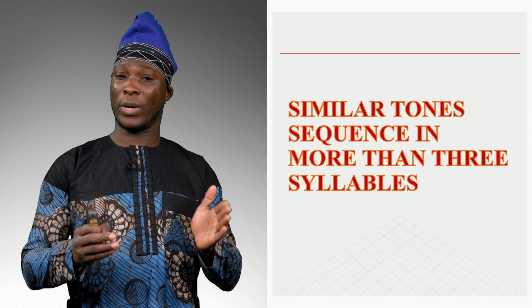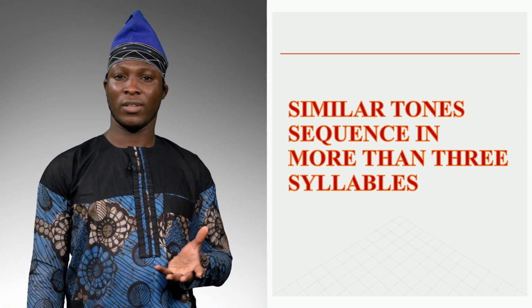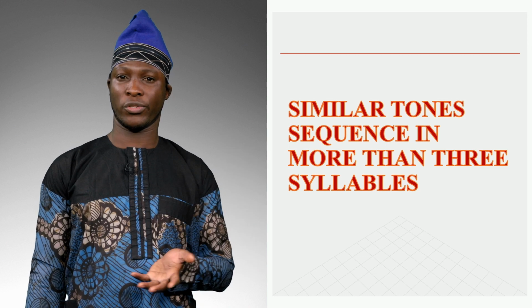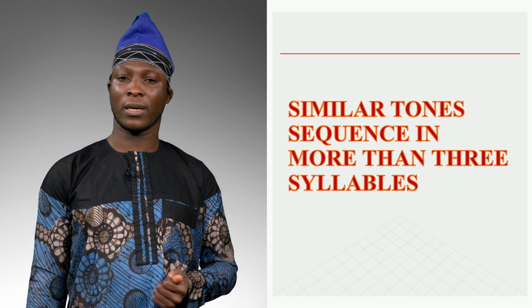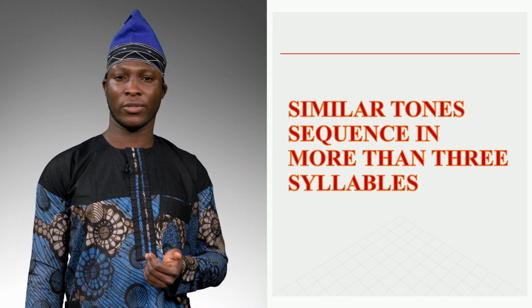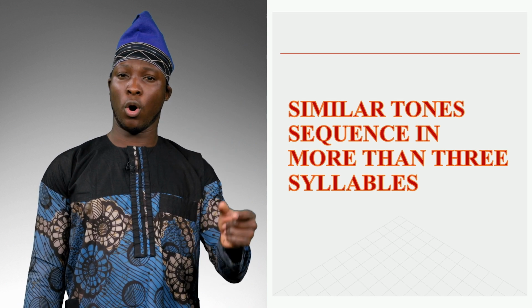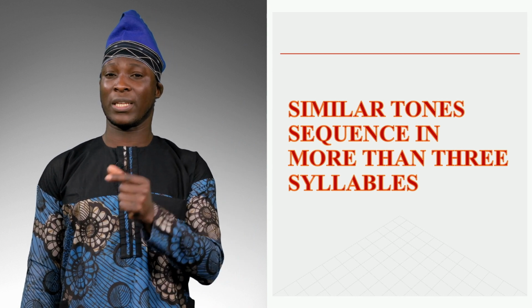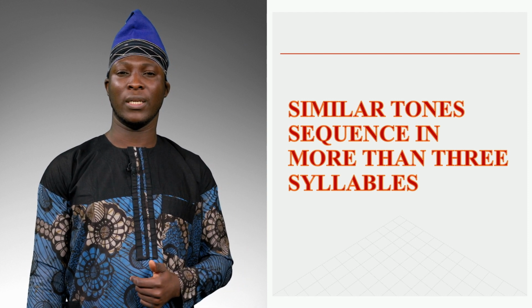So you can actually have 4 syllables and different tones. In Yoruba, we put tones on syllables or syllabic consonants. Tones are put on vowels or syllabic consonants. But you could have the same tone occurring in syllables that are more than 3. We're going to observe that immediately.